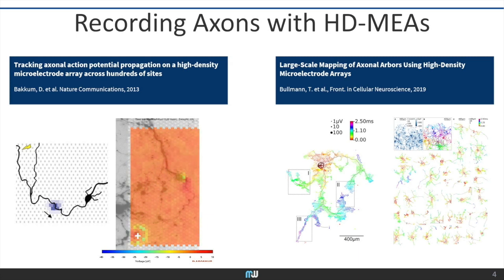On the other hand, we have a paper from 2019 by Torsten Bullmann, who showed that it is possible to reconstruct the complete axonal arbor, and not only for individual single cells, but also within the same experiment for many different cells. So really getting towards high throughput.